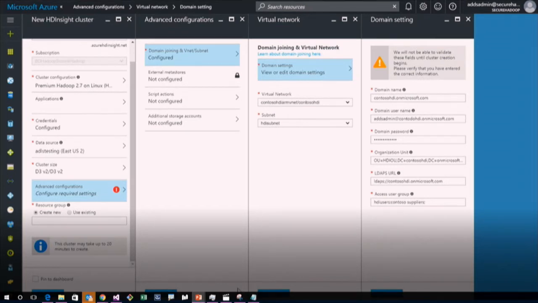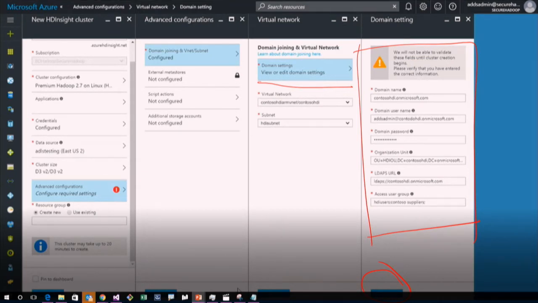In the HDInsight case, all you need to do to Kerberize a cluster is come in over here, say I need a domain join cluster, and go ahead and provide it with the AD information and the identity for you to spin up an organizational unit or OU into that particular AD. And you go ahead and click on Create, and that's it.